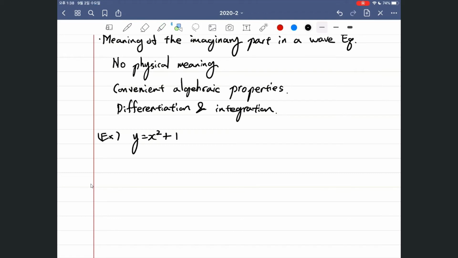Because the graph of y equals x squared plus 1 goes like this, where the minimum value is 1 at x equaling 0, and you can never hit the x-axis, which is the solution for this equation. Therefore it does not have a solution.